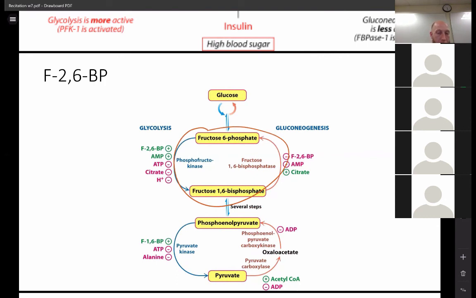Because as we know, this requires energy. And if the cell doesn't want to use that energy to break down glucose because maybe it doesn't need to anymore, that's going to be a way that we can regulate this step.